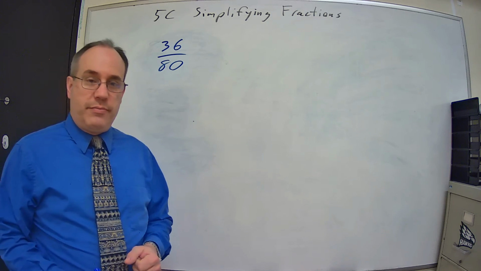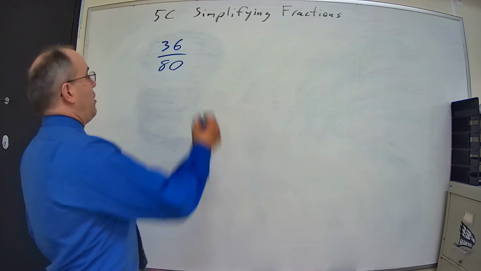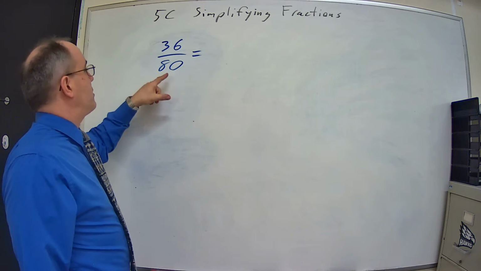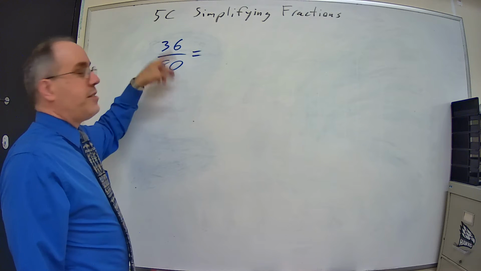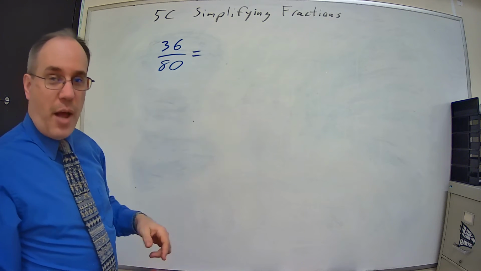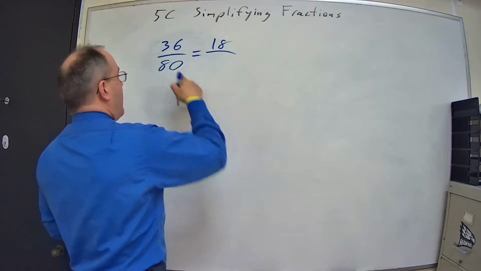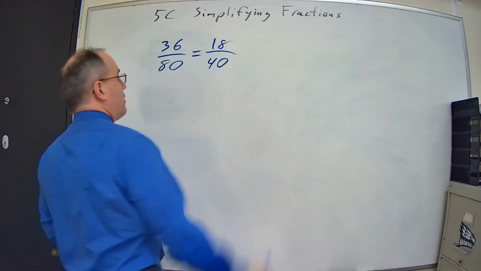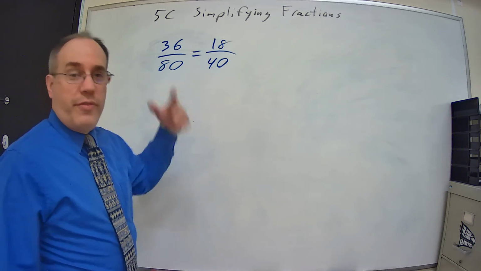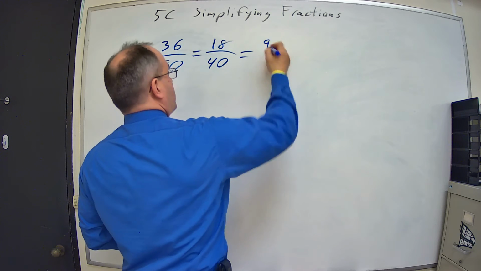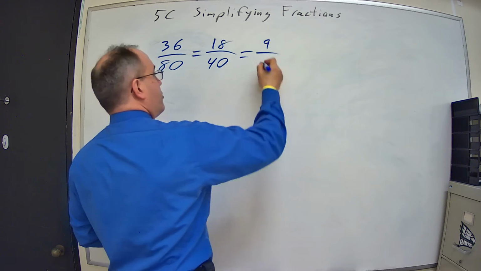36/80. Well, let's reduce it. Well, I look at this and I go, well, 36/80. Well, I see they're both even, so I can divide both the top and the bottom by 2. 36 divided by 2 is 18. 80 divided by 2 is 40. Well, they're still both even, so I see that I can divide by 2. 18 divided by 2 is 9. 40 divided by 2 is 20.